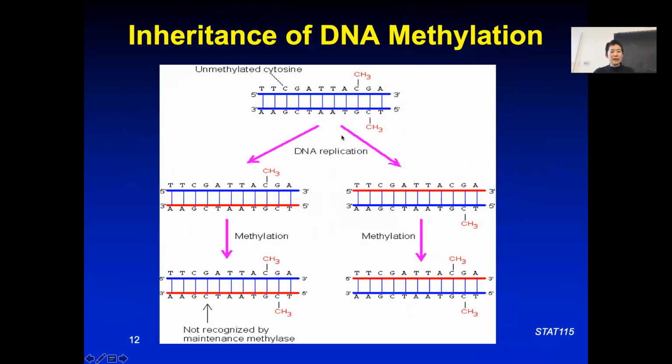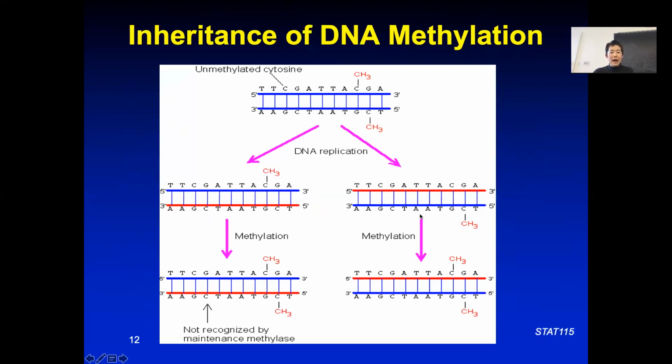So we can see how this is done. Originally, say we have double-stranded DNA where methylation happened on the C base followed by a G, and on the other strand, the C is also methylated. Remember in DNA replication, each original parental strand serves as a template to create the other strand of DNA. So this is the original DNA, and this is the original DNA, and they each create the other strand.